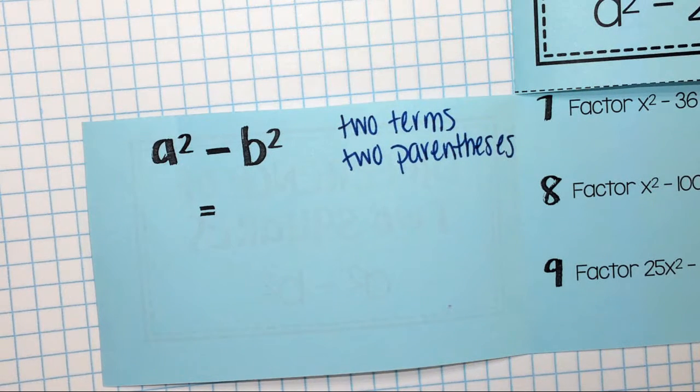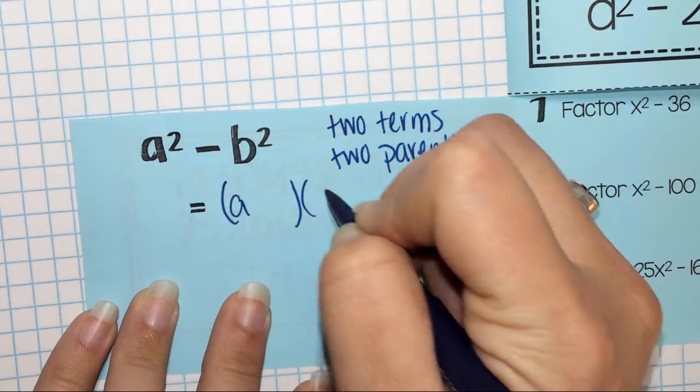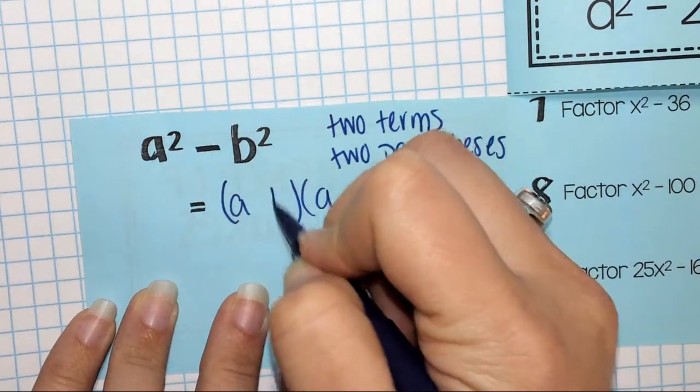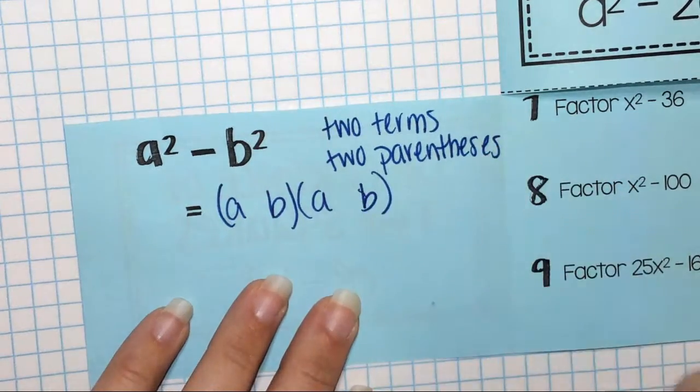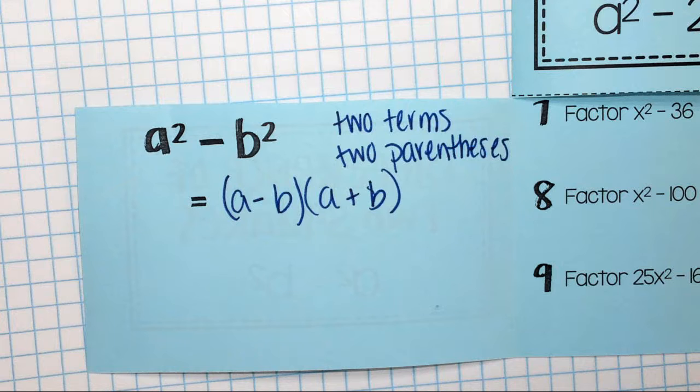You still take the square root of the first term, which is going to be A. You still take the square root of the last term, which is going to be B, and then you're going to have 2 different signs. So 2 terms, 2 parentheses, 2 signs.